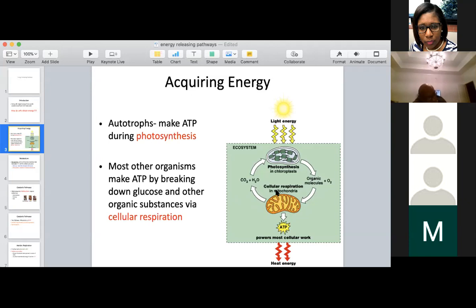And we're going to get the production of those ATP molecules. And this ATP is the energy that's going to be responsible for powering cellular activity. So all of the things that are going on in the cell, any processes, require an input of energy.